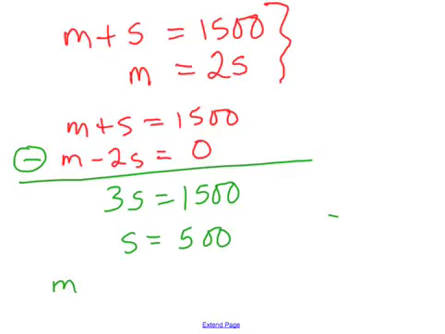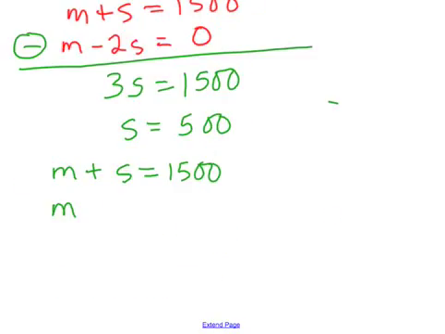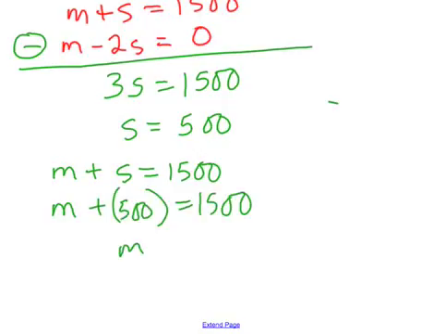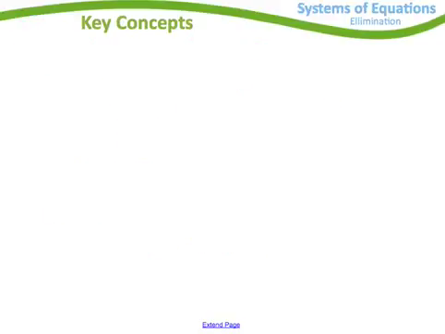So if s is 500, now I can plug that back into this equation and solve for m. So s is 500, m plus 500 equals 1,500. Subtract 500 from both sides, and as we supposed, m is 1,000. So it looks like I ate 500 calories in snacks and 1,000 calories in meals.